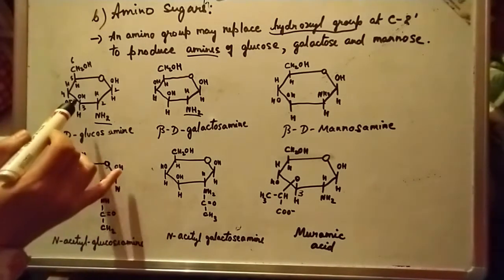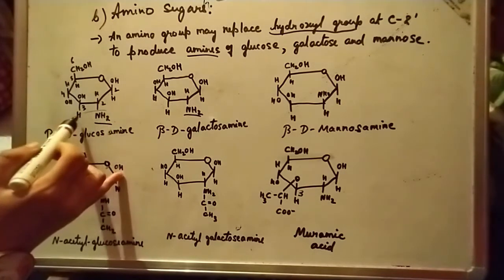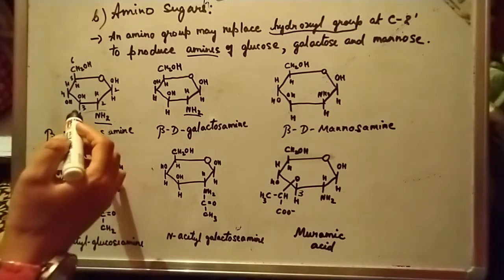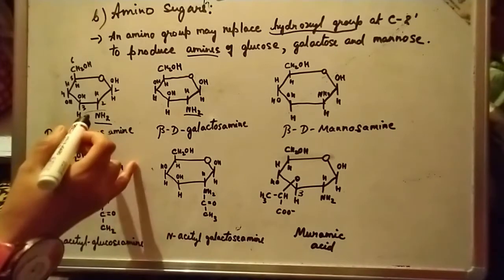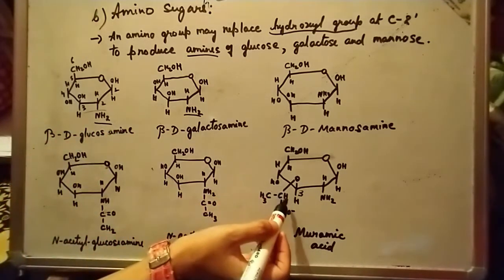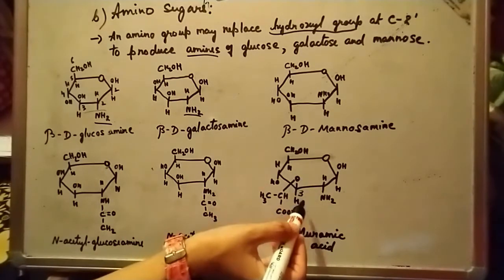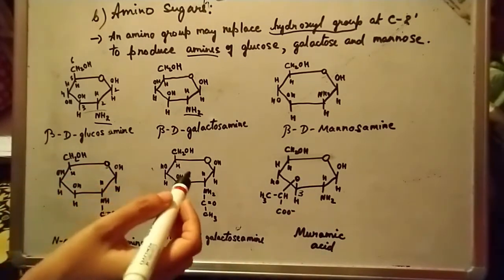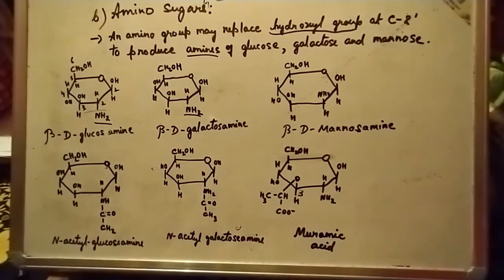Now, in this glucosamine, if the lactic acid molecule condenses with the hydroxyl group at carbon number 3, it forms muramic acid.